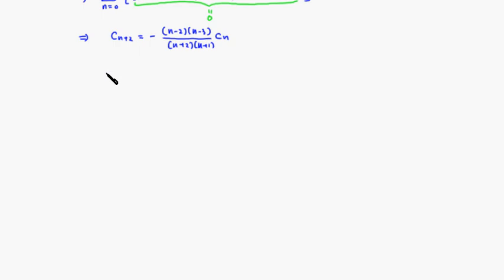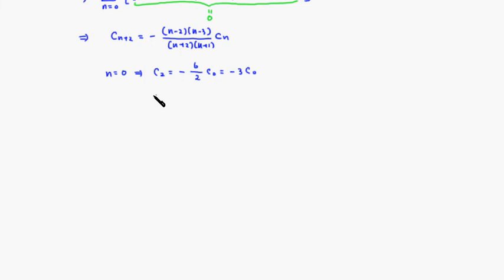Let's observe the even terms to see if we can detect the pattern. Let's try n equals 0. Then you will have C2 equal to negative 2 times negative 3, which is 6, so negative 6 over 2 times 1, which is 2, times C0. So that will be negative 3 C0.